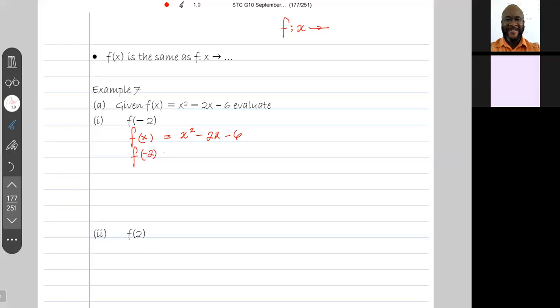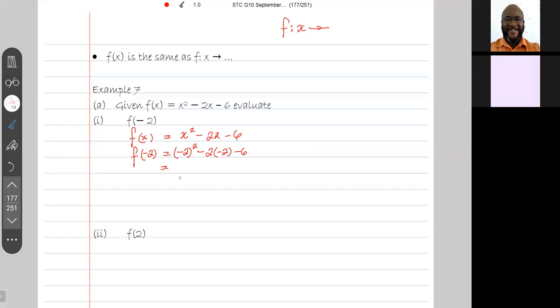Wherever you see x, you're going to take out x and put -2.